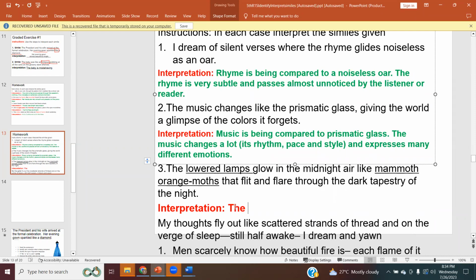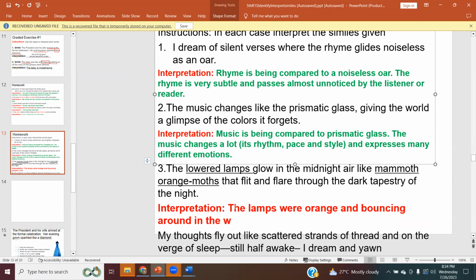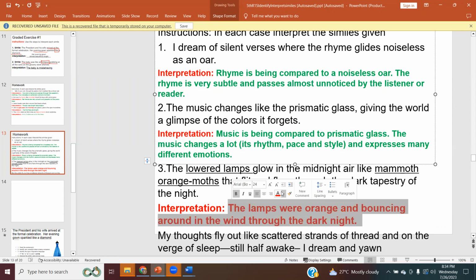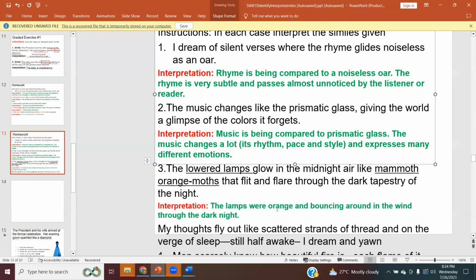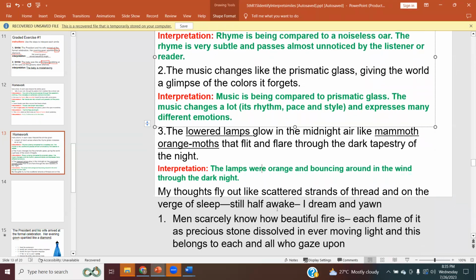So we can say that the lowered lamps were orange and bouncing around in the wind through the dark night. That's the interpretation right now.